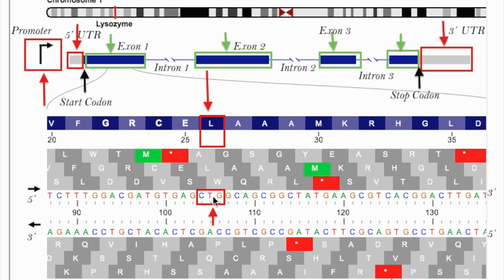If you look up in the codon table, you see that CUG is leucine, as you expect. The reading frame stays the same in each exon, but it may change when going across an intron.